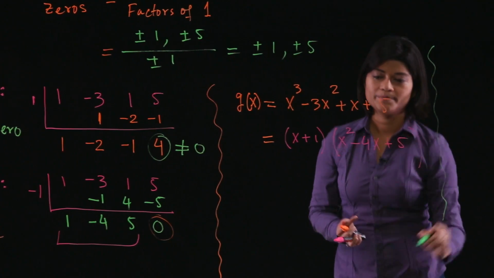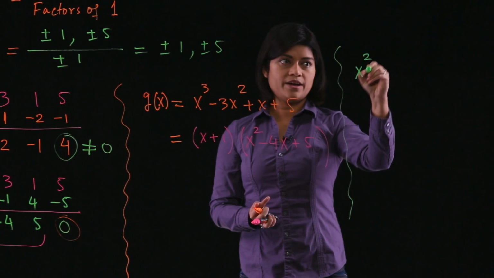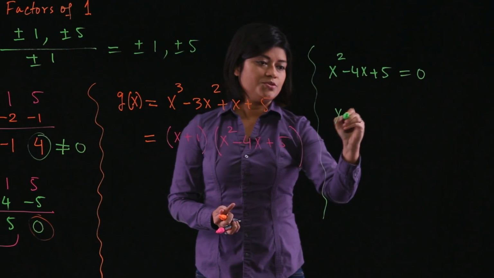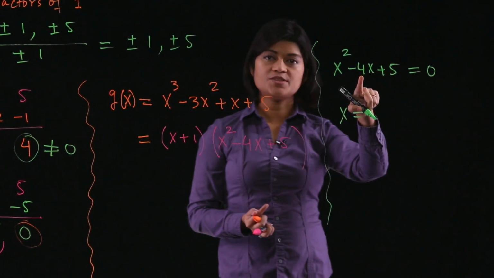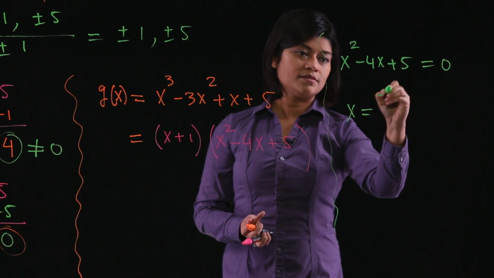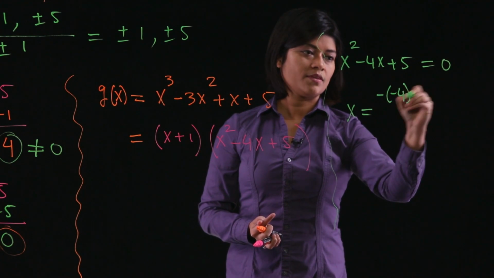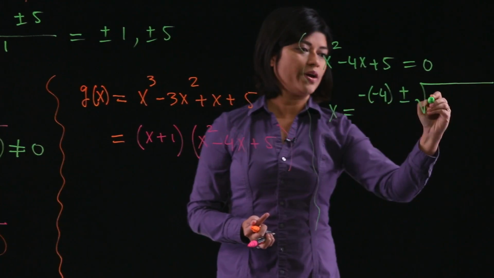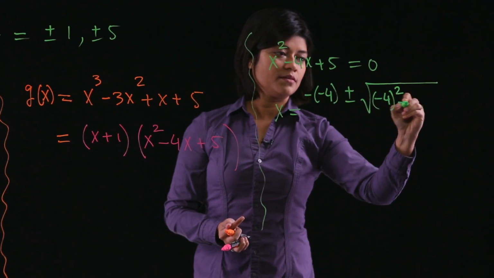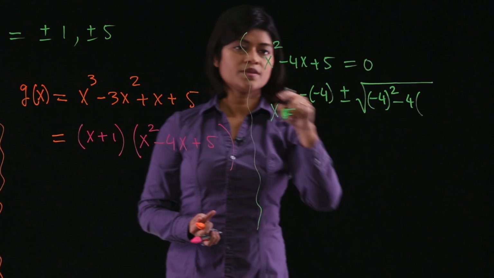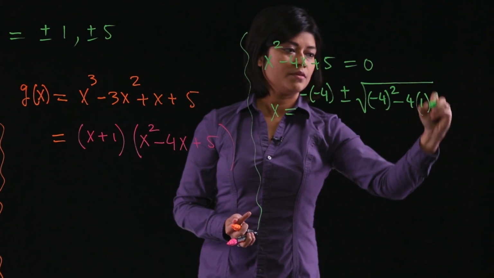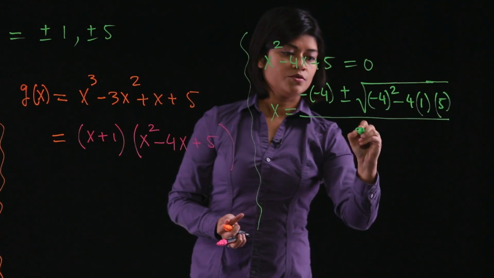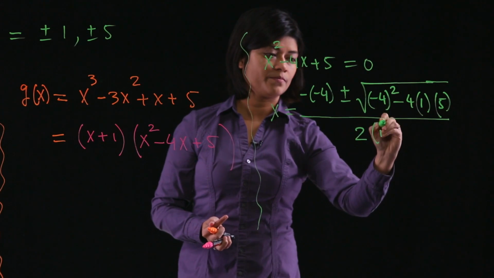So let's try that. So we now want x squared minus 4x plus 5 to be equal to 0. Just use the quadratic formula. So x is equal to negative of b, negative of negative 4, plus or minus the square root of b squared, so negative 4 squared, minus 4 times a, which is 1, times c, which is 5, divided by 2a, 2 times 1.